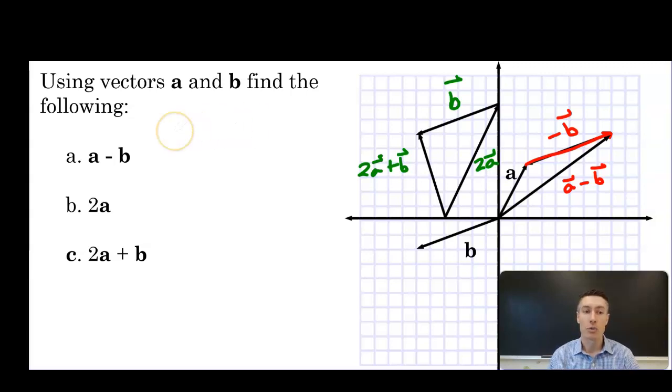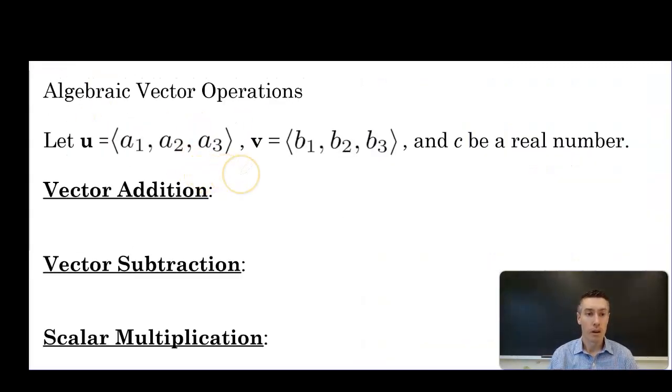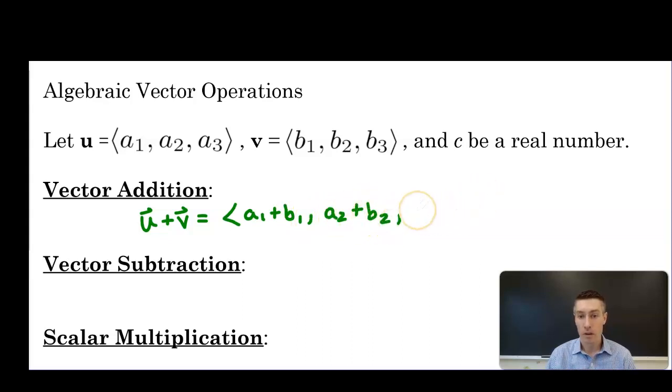So now let's define it algebraically. If we have two vectors, u being a1, a2, a3, v being b1, b2, b3, and c a real number, then we define vector addition. So u plus v is going to be a1 plus b1, a2 plus b2, a3 plus b3. We add all the like components. So the x components, the y components, the z components.